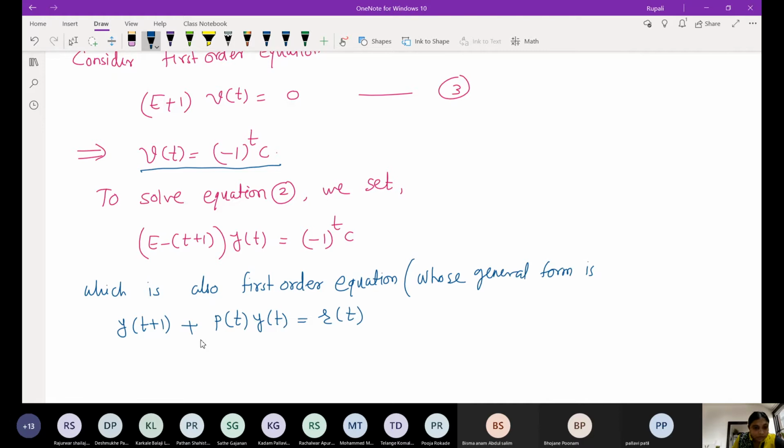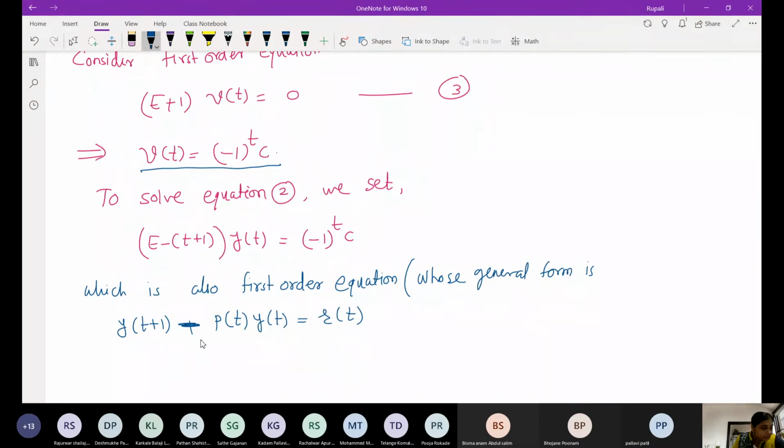To solve this one, we first solve the homogeneous part, and then we substitute in the non-homogeneous part, considering v(t) as a multiplier. So y(t) will be u(t) into v(t).